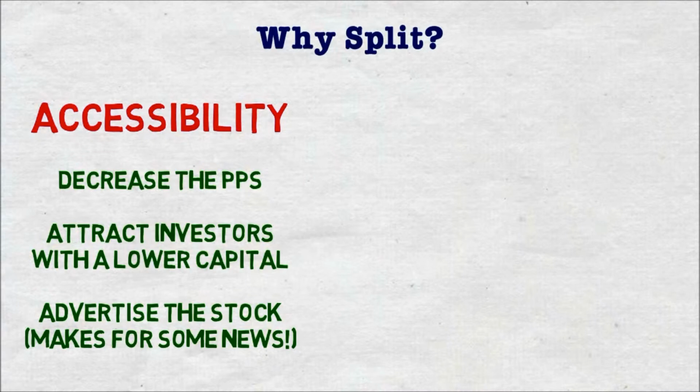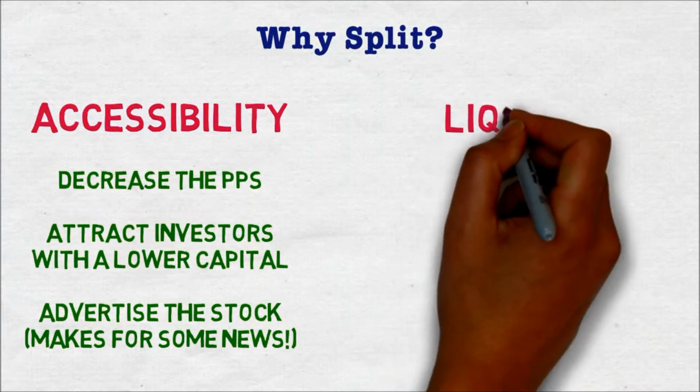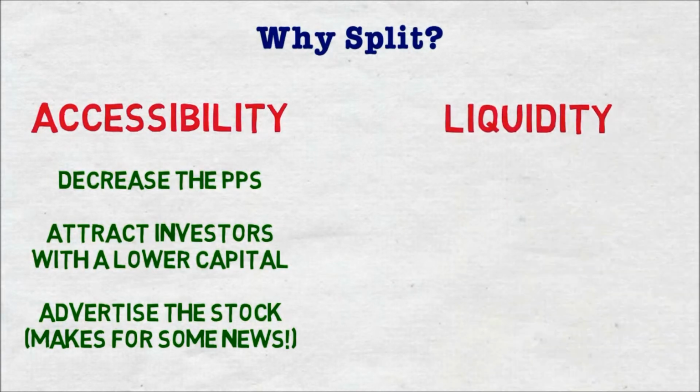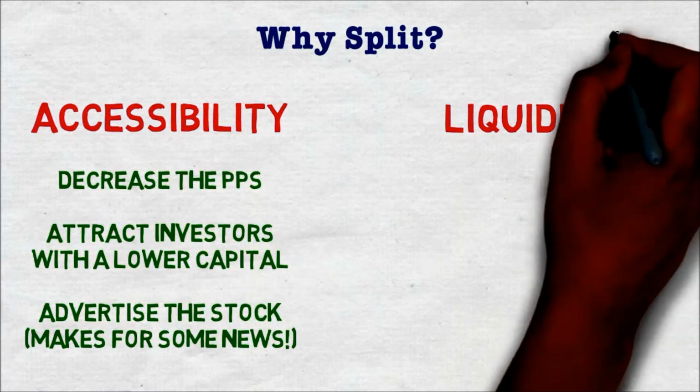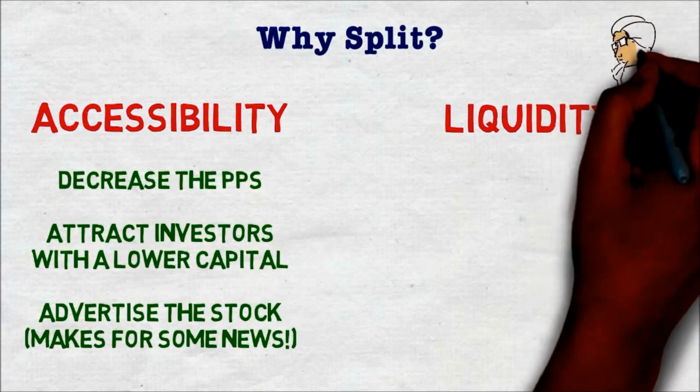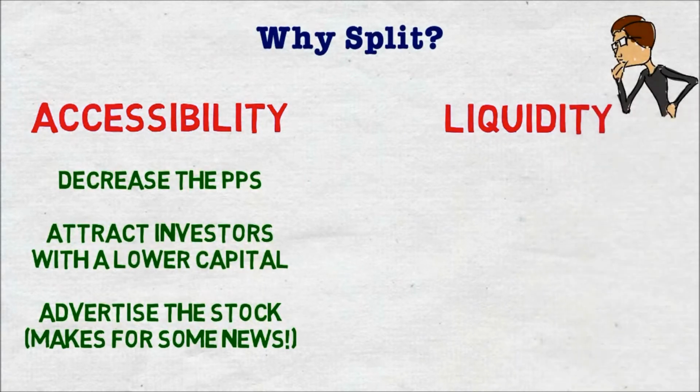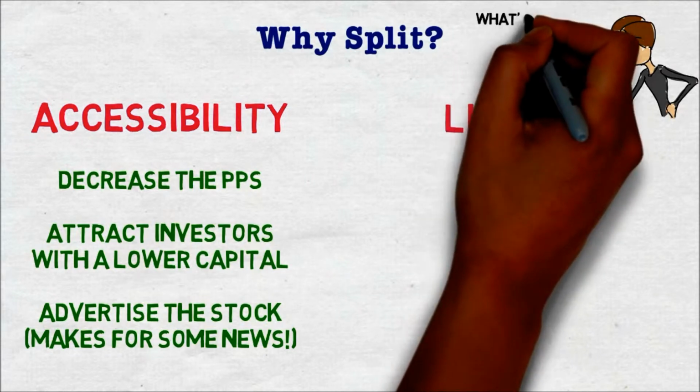Now, one of the reasons they do that is to increase attractiveness to investors with a lower capital. So they sort of renew investor interest by increasing the availability, if you will, of the stock. So now more people are interested, more people have the capital to go ahead and purchase that stock, and as another consequence, the outstanding number of shares has increased dramatically, which could make the stock a little bit easier to trade.